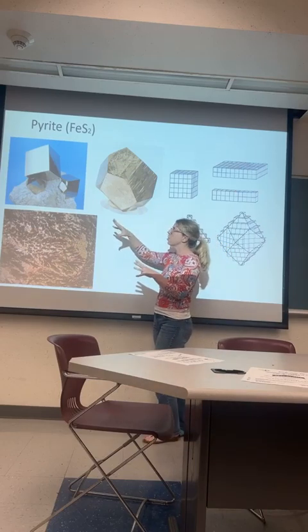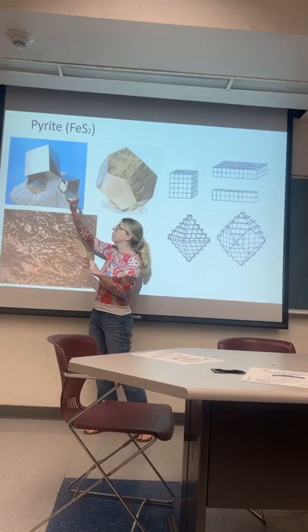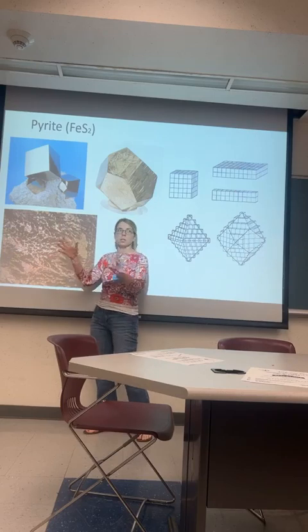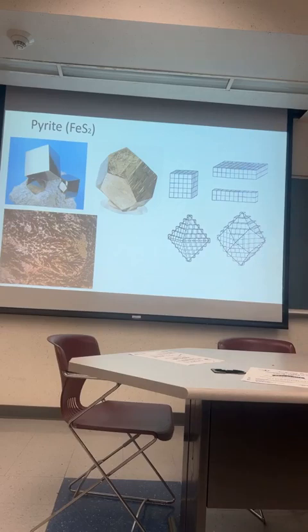At slightly lower saturations, you form cubes, and at slightly lower saturations, you form octahedrons. And so for pyrite, it depends on cooling rate and degree of saturation of the fluid. So it's all the same building blocks, but it's environment that's controlling how you're doing those building blocks.